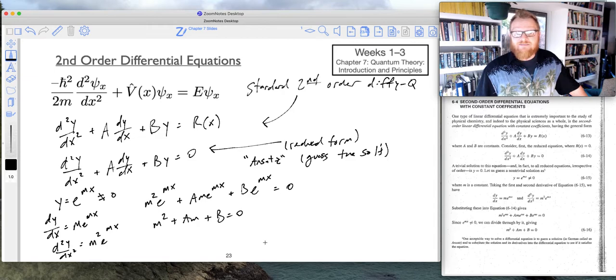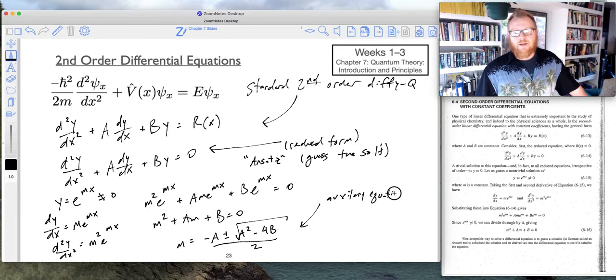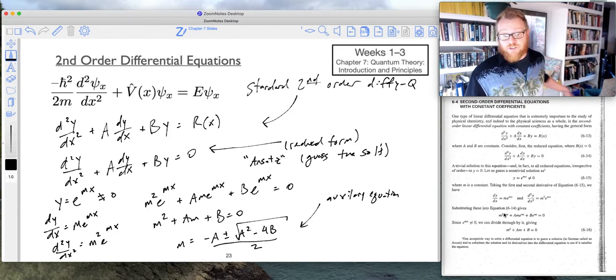We've reduced this differential equation to a simple quadratic where we now know that m equals negative a plus or minus the square root of a squared minus 4b, all over 2. This is what we call the auxiliary equation. And this document to the right walks you right through that.